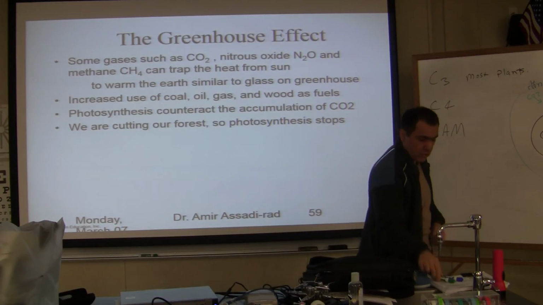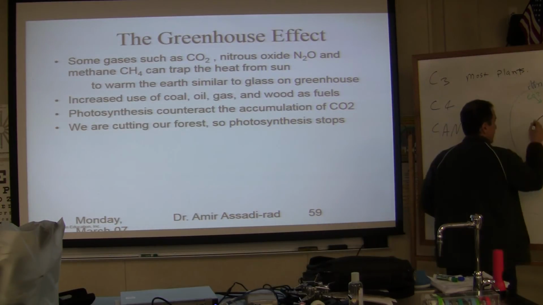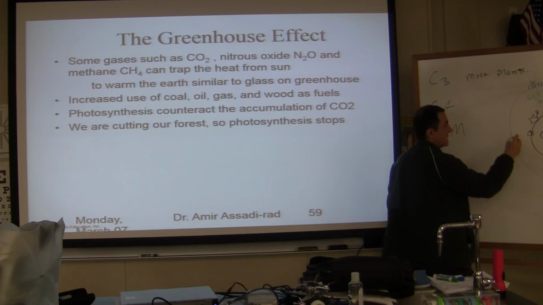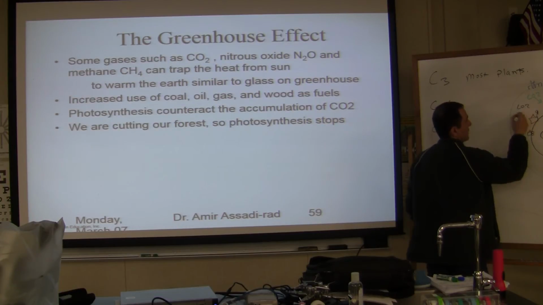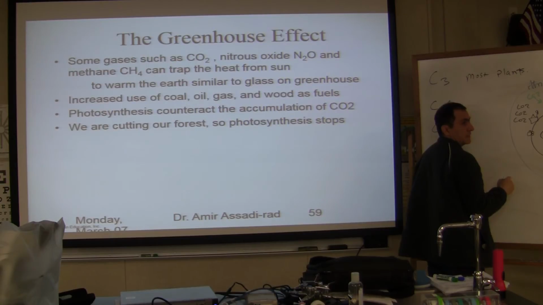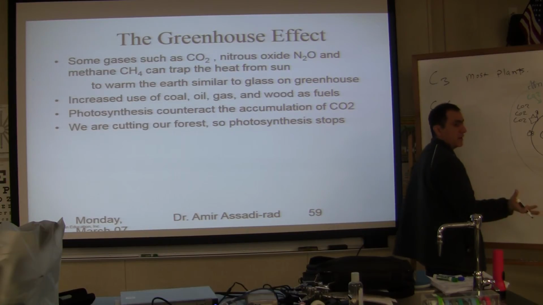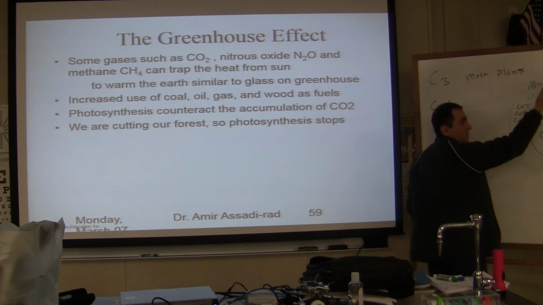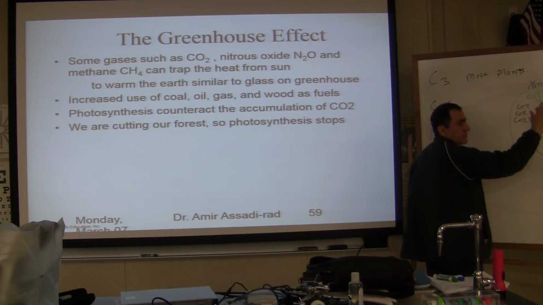However, what we are doing is building factories and cars. Right here, I'm going to draw the cars and other goodies on planet Earth, and these are putting a lot of carbon dioxide into the atmosphere. Before the Industrial Revolution, that balance existed, so nothing was happening on the surface of the Earth.